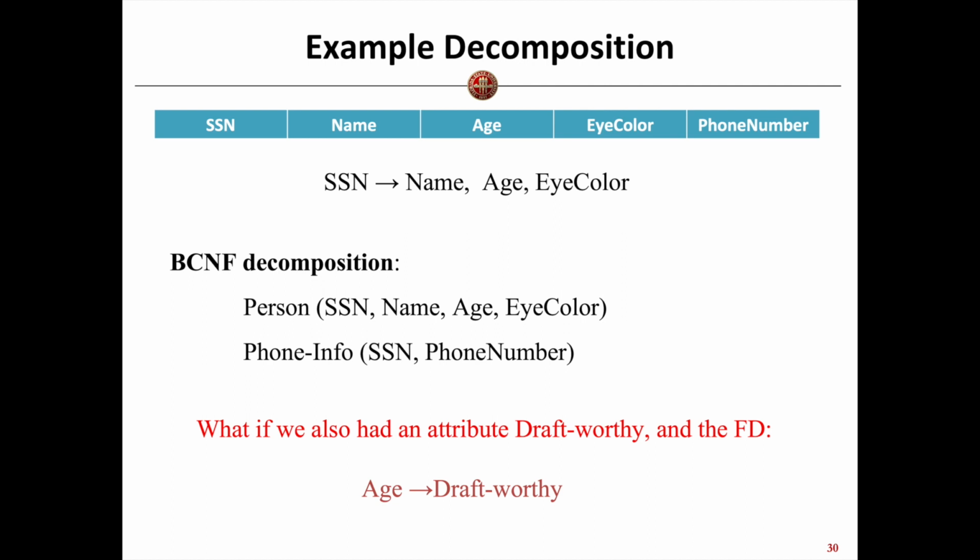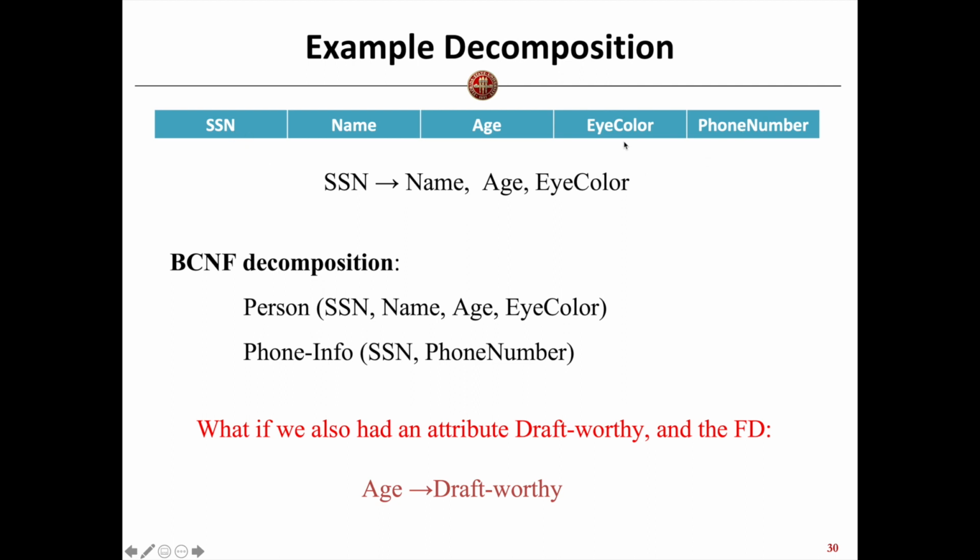Let's assume we have a relation of a person, right? We have SSN, name, age, eye color, and phone number as the attributes. At the same time, in this relation, we can find a FD, which is SSN implies name, age, and eye color. According to the previous description, we see that SSN cannot imply phone number, right?